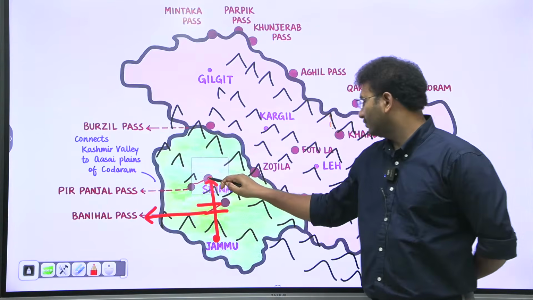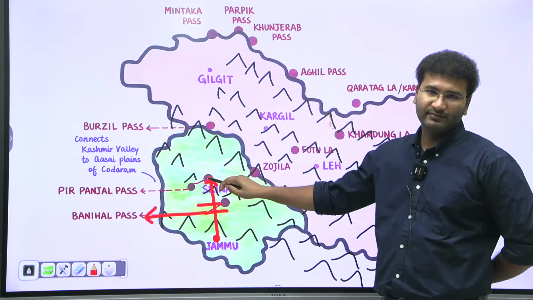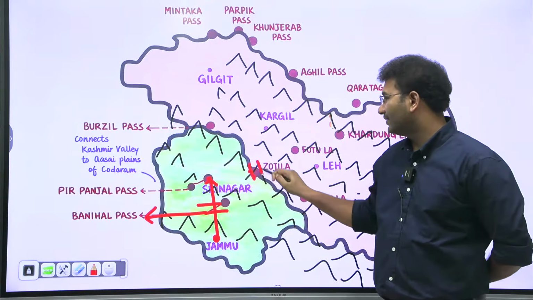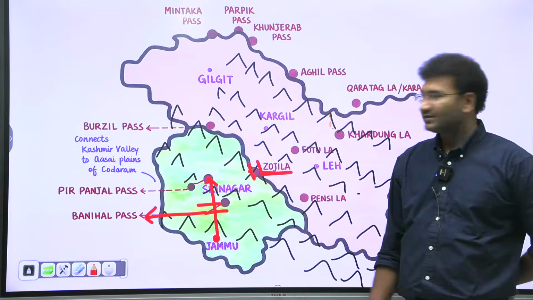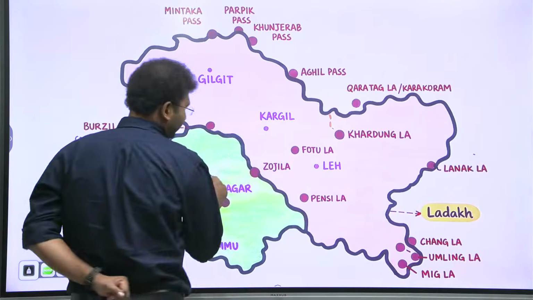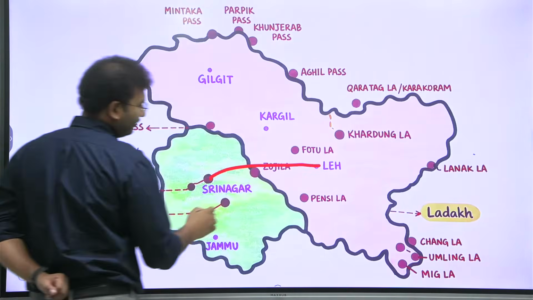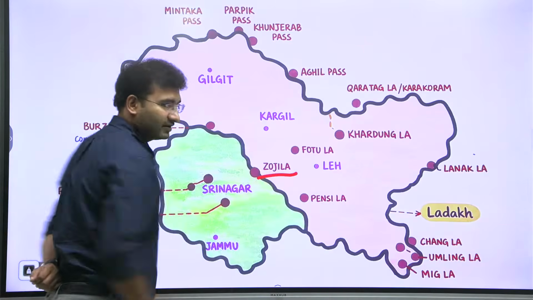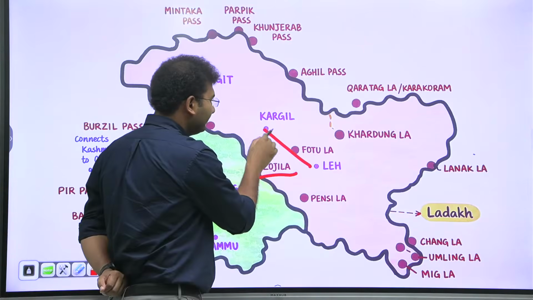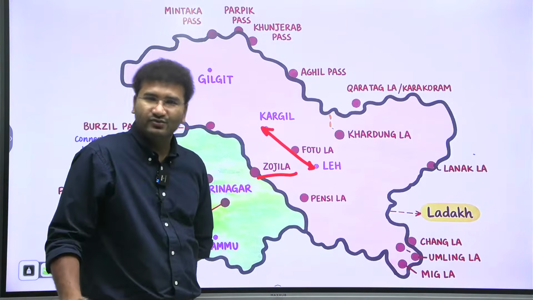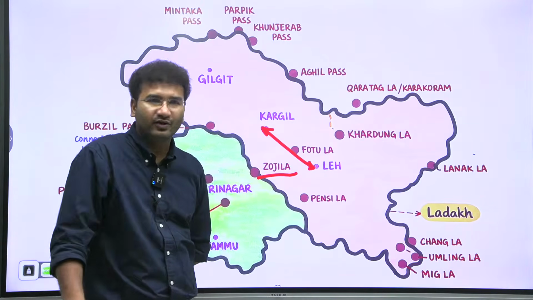From Srinagar to Leh, the pass that you will cross through is Zojila Pass, right? From Leh to Kargil, if you are planning to go, it is Fotula. It is otherwise called Zojila only. Fotula is a subpart of Zojila.